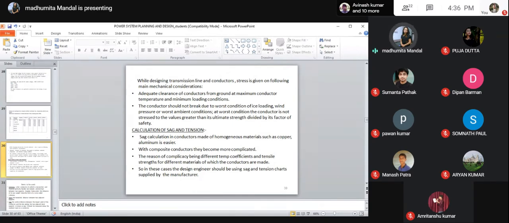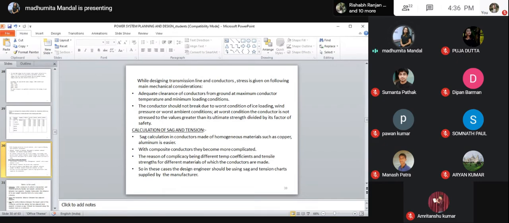At worst condition, the conductor is not stressed to values greater than its ultimate strength divided by its factor of safety. So factor of safety is basically the ratio between the ultimate strength of the conductor and the working tension.